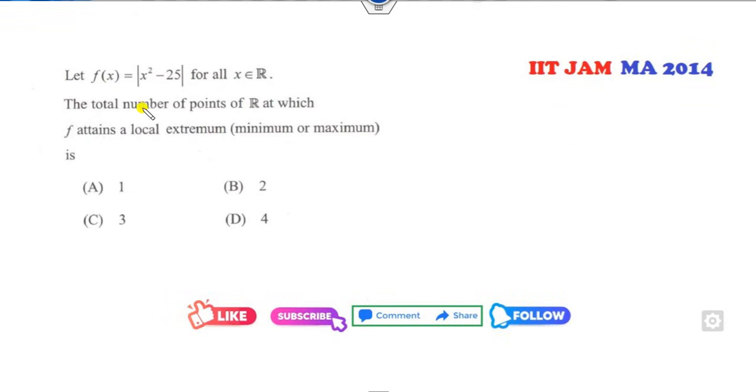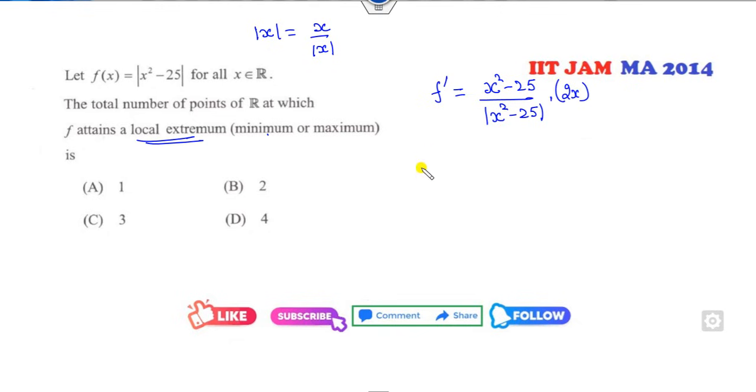Look at this: the total number of points at which the function has maxima and minima. Can you find the derivative of this? What is the derivative of mod x? It is x over mod x. So I can say this is x square minus 25 over mod of x square minus 25, into the derivative of this part. Now, what is the definition of the critical point? f dash should be 0 or f dash should be infinity.